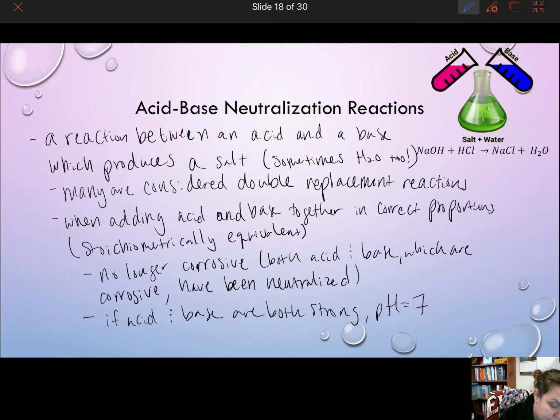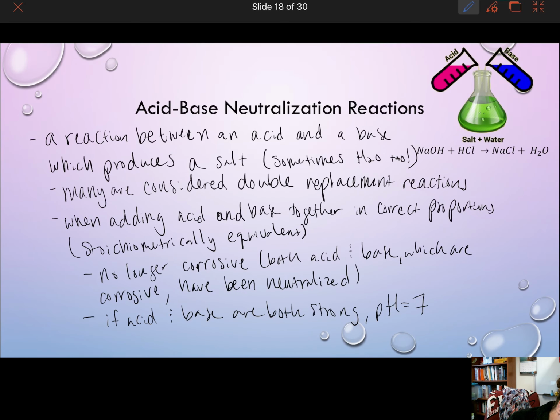So, moving on to an example. Na2CO3 plus 2 HCl gives you carbon dioxide plus water plus a salt.